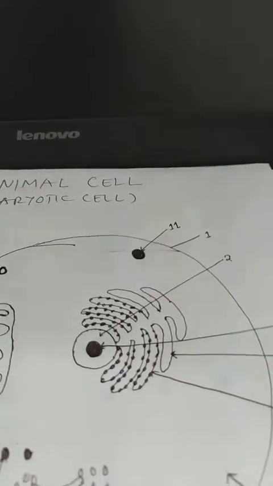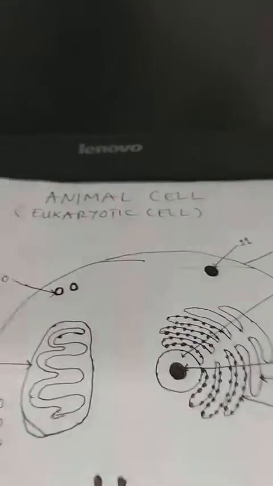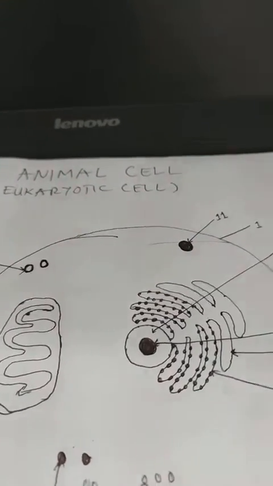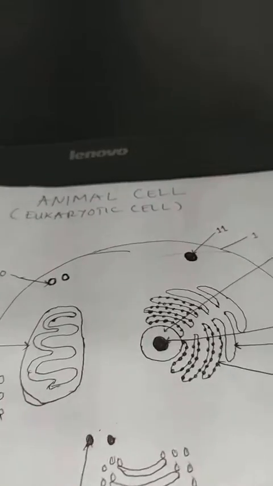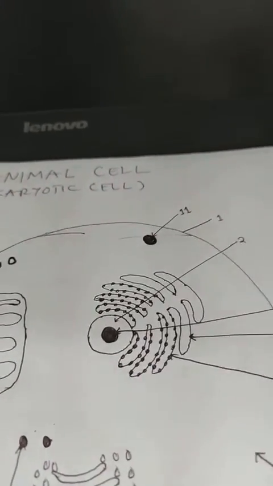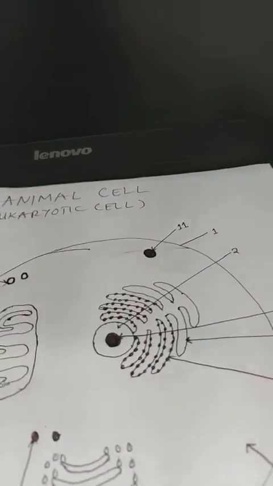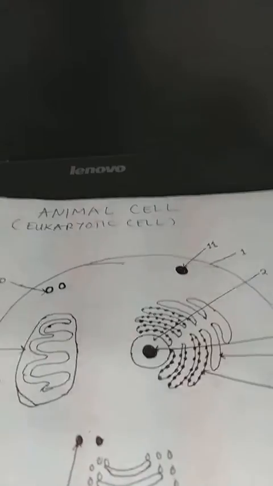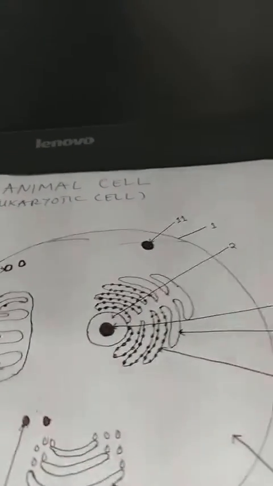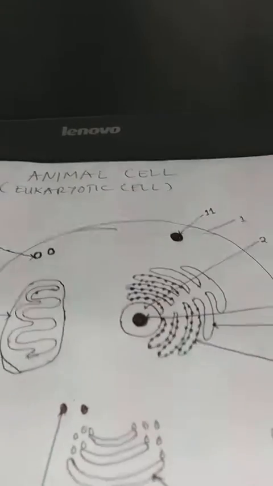Some eukaryotic cells have another additional protective barrier known as the cell wall, like our plant cells. The cell wall plays a very important role as it protects the cell from the external environment. It also helps provide the shape and size of the cell.